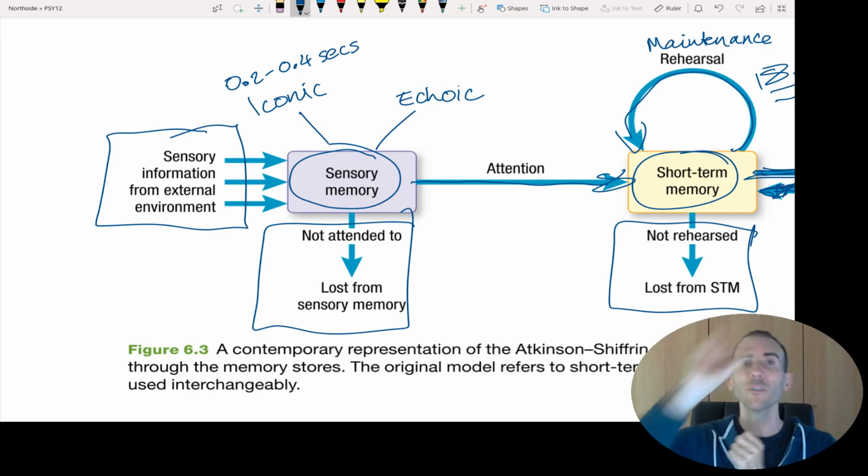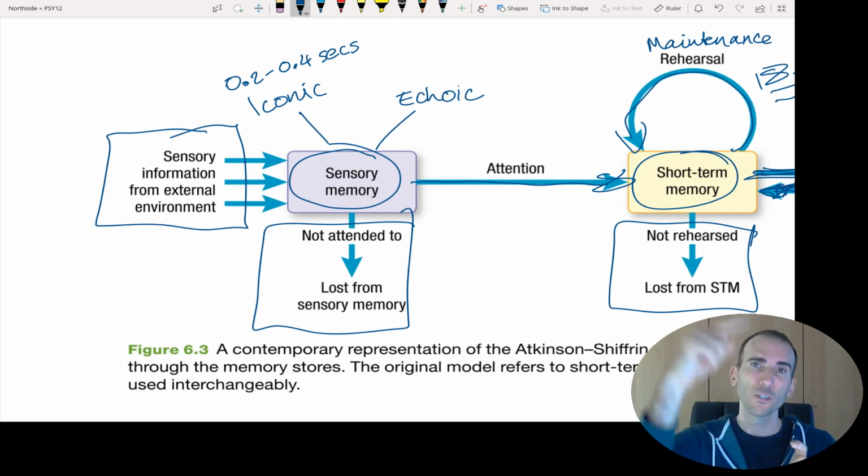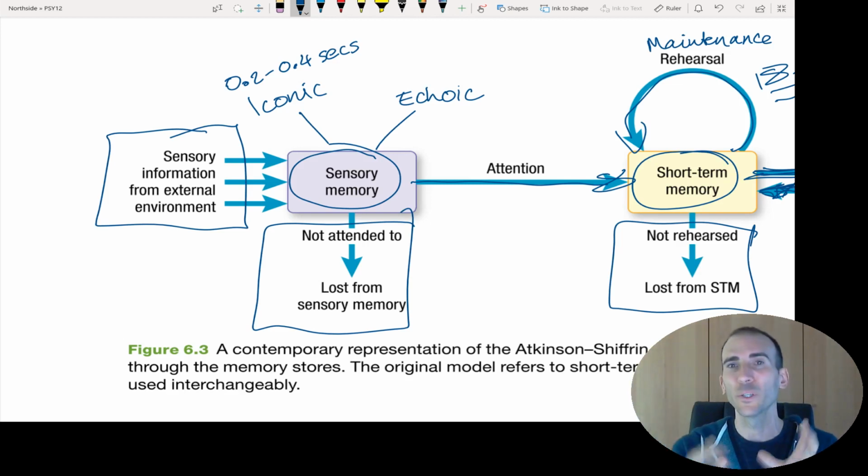And even though it's gone, you can still remember the top. If it plays a low sound, you can still remember the bottom. You can't remember it all because there's too much. But within that 0.2 to 0.4 seconds, you can remember some part of it, which indicates that you actually had the whole thing for a fraction of a second. That was very confusing. In the lesson, I've got a video where you can check out a Sperling test and see how that works.